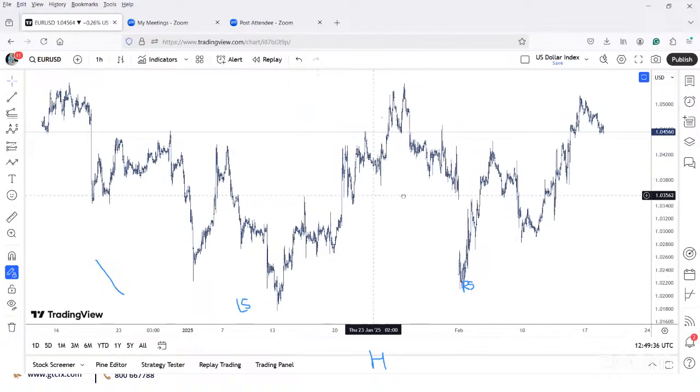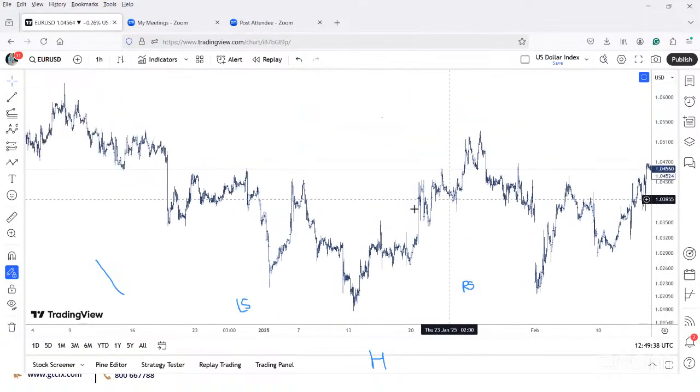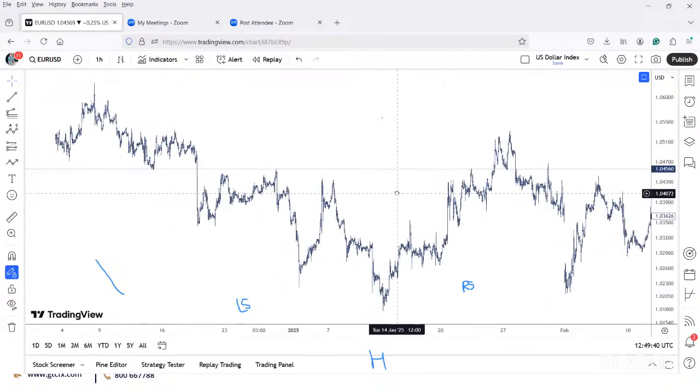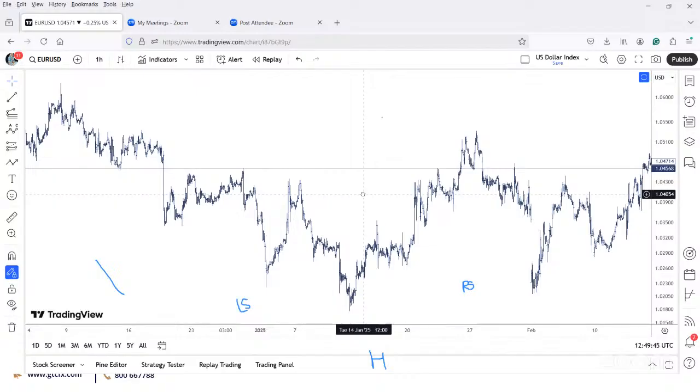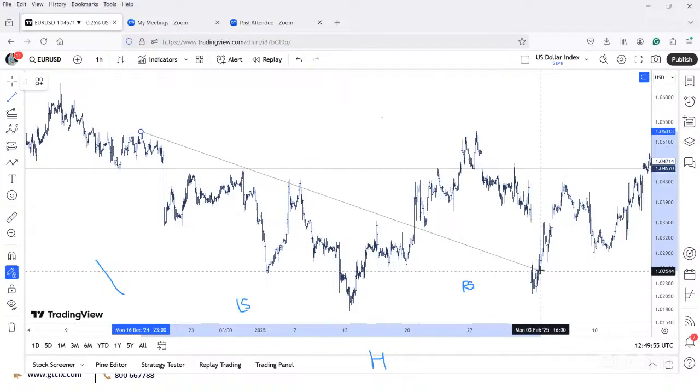Yes, it is. Okay, let me do the trend line first. A, B, C, Ds and trend lines go hand in hand.